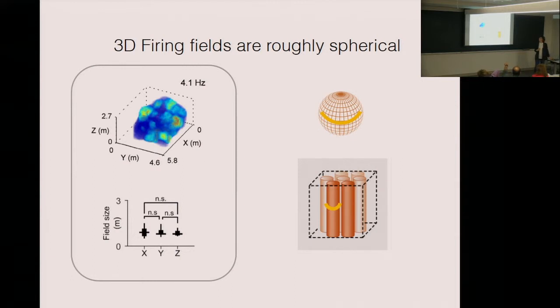But if you look carefully, the variance in Z seems to be smaller than X and Y. Is that real? That's true. Well, the room is squished, so I think it's real. The room is squished, and then there's less of a... But these are adult bats, right? So these fields are already in place.